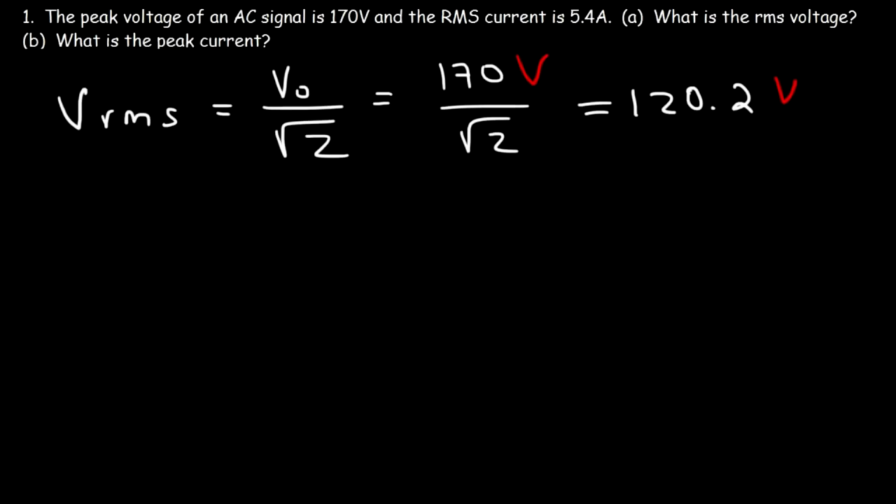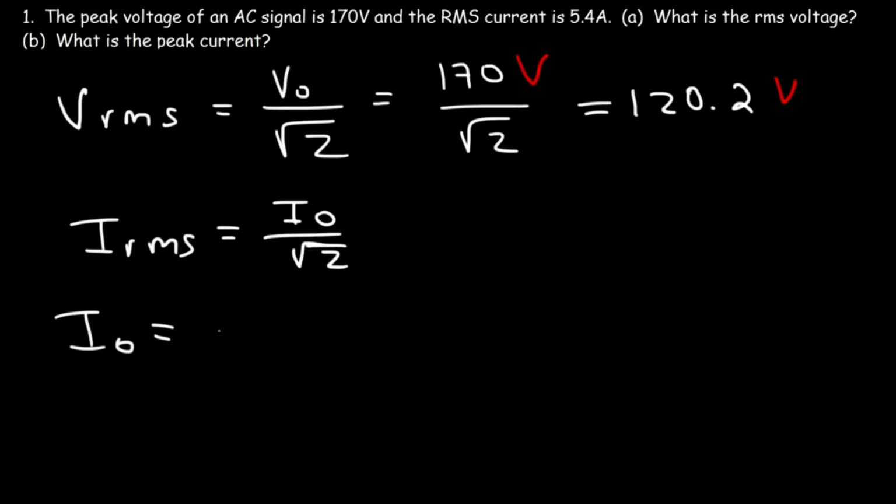Now part B, what is the peak current? The RMS current is equal to the peak current divided by the square root of 2. So if we rearrange the equation by multiplying both sides by root 2, the peak current is equal to the RMS current times root 2. So it's going to be the square root of 2 times 5.4 amps.